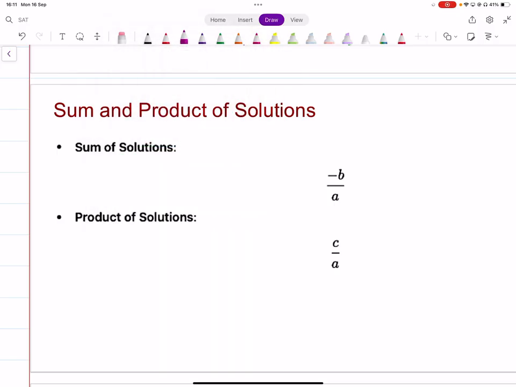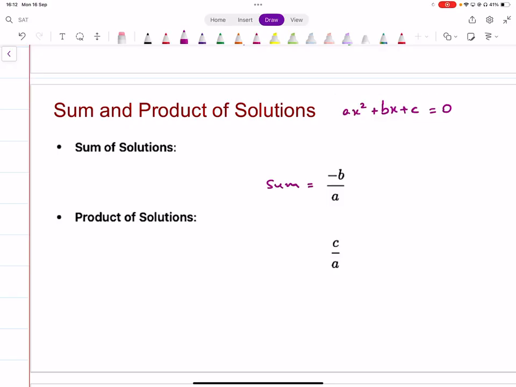These are two formulas that we have. If we have a function in this form, y equals ax squared plus bx plus c, the sum of roots or the sum of the x-intercepts, let me write it like this instead: ax squared plus bx plus c equal to 0. If you have this quadratic equation, the sum of roots is given by minus b over a.